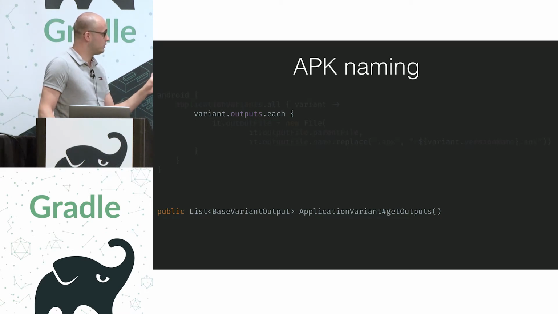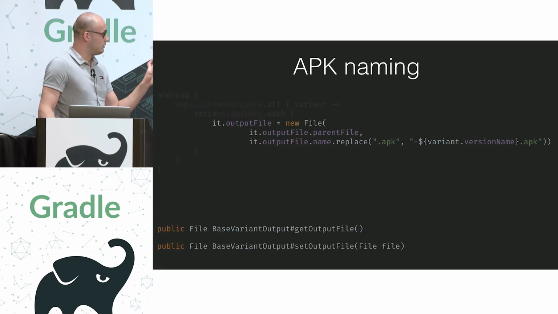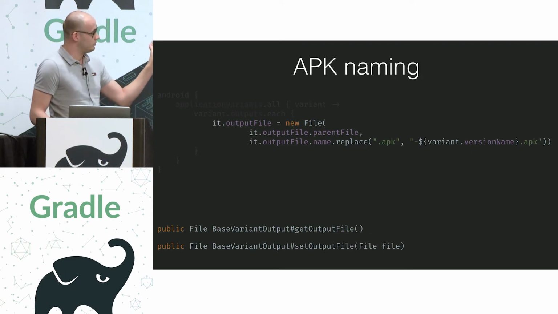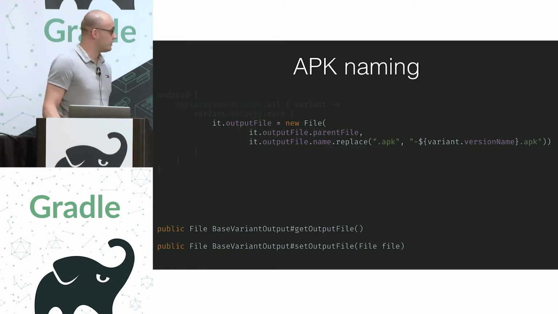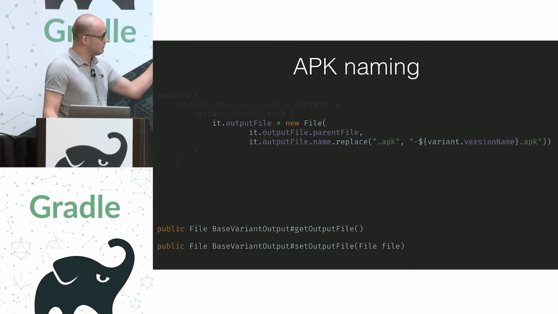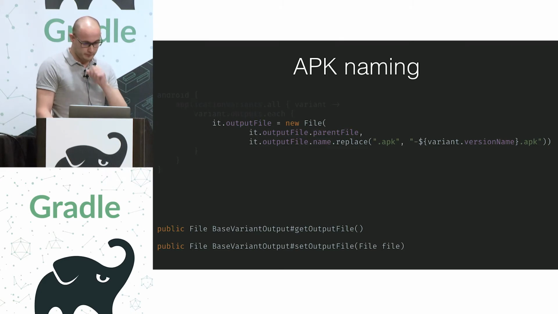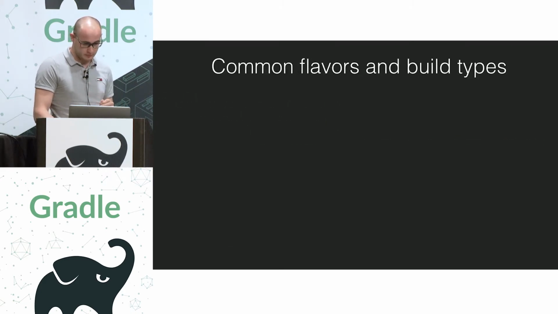And for each output, we will change the output file to use the original file's directory and original name, but with APK replaced with a version name.apk. And it is just an implicit parameter. We could write output and arrow and use output, or we can omit the parameter and use it instead.